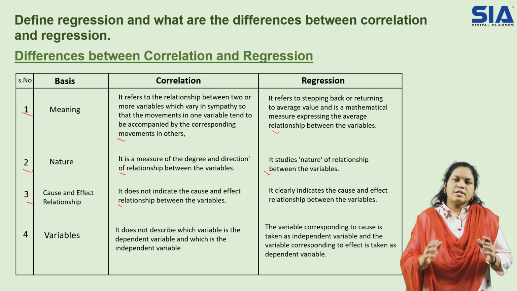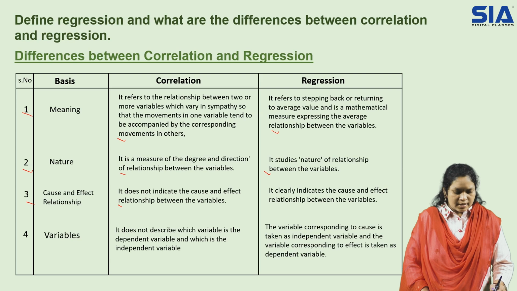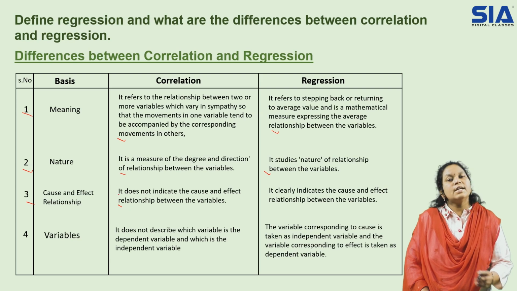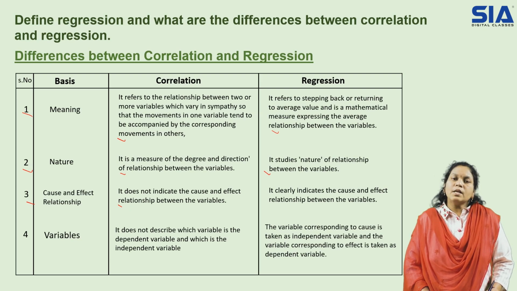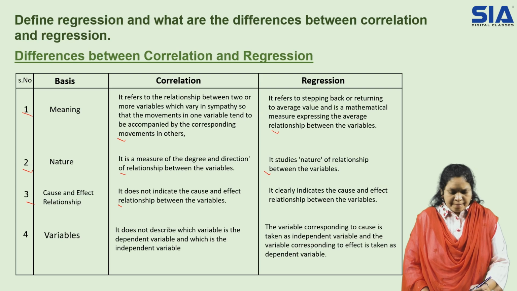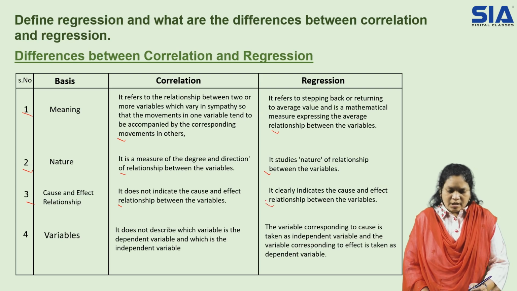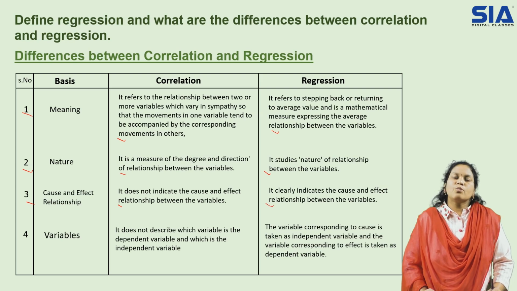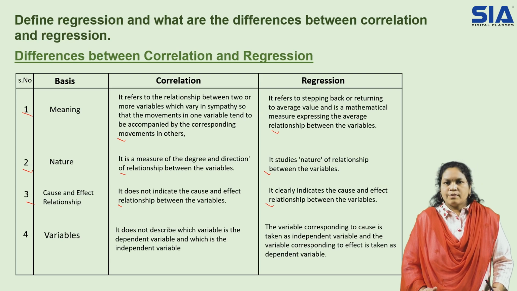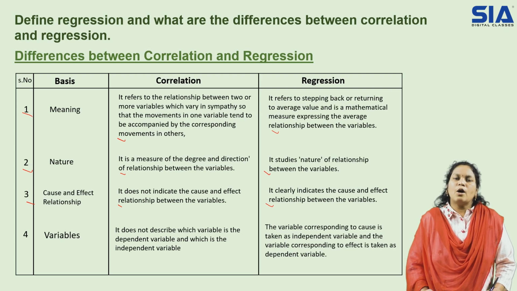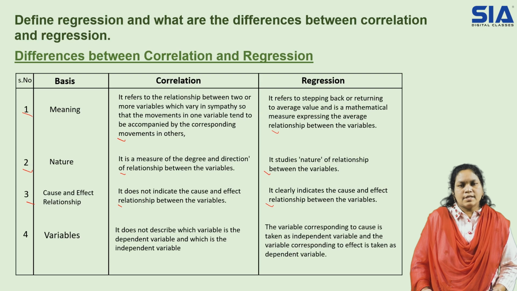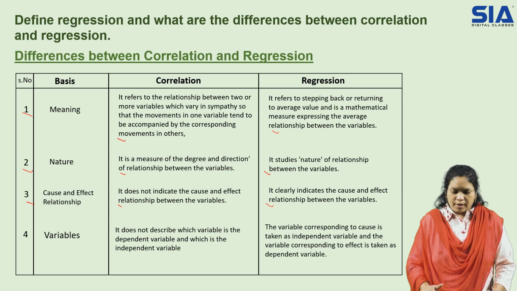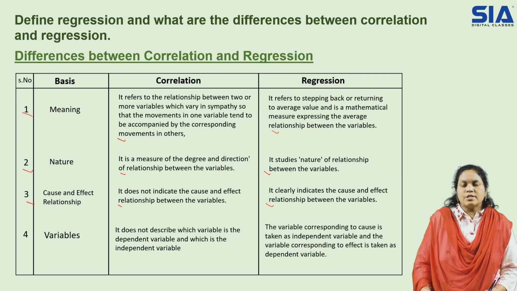Just whether a relation is there or not, we'll check. For that the point is it does not indicate any cause and effect. But definitely in regression, we'll learn that cause and effect itself. So we can learn how one variable influences the other variable. So cause and effect will definitely be there in regression analysis.